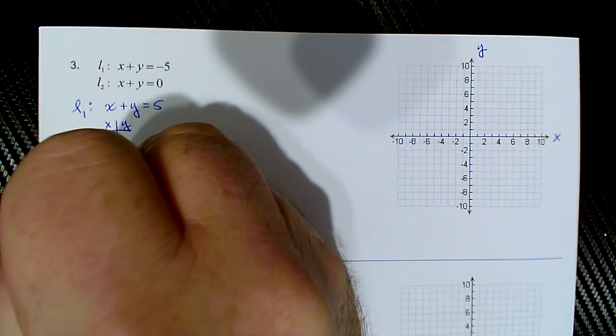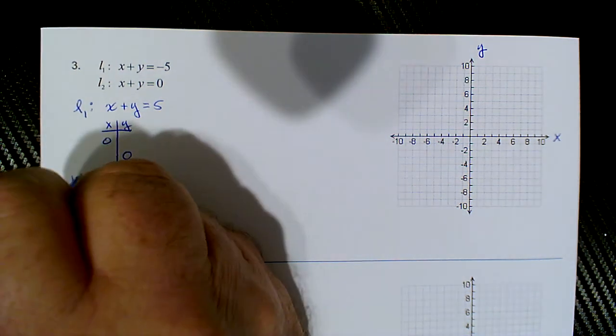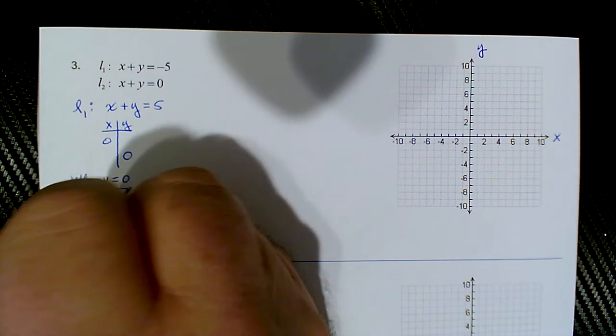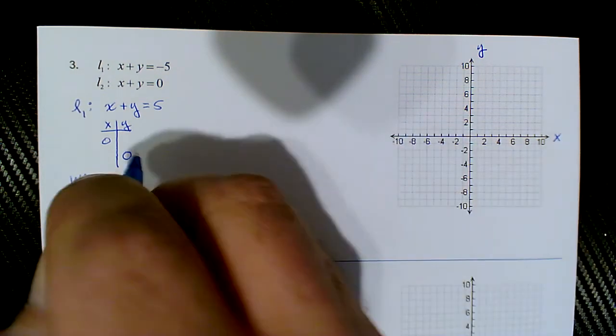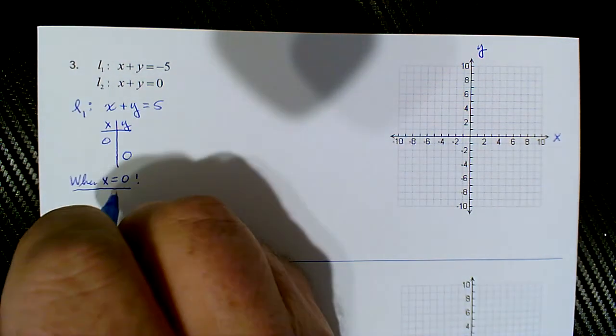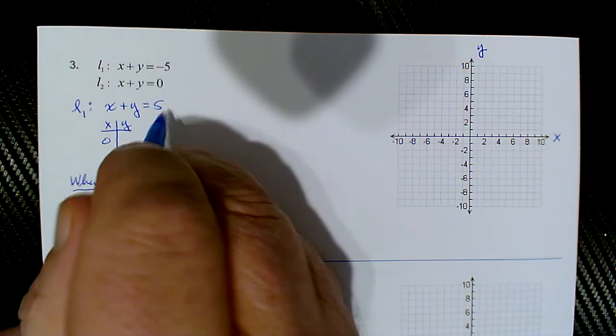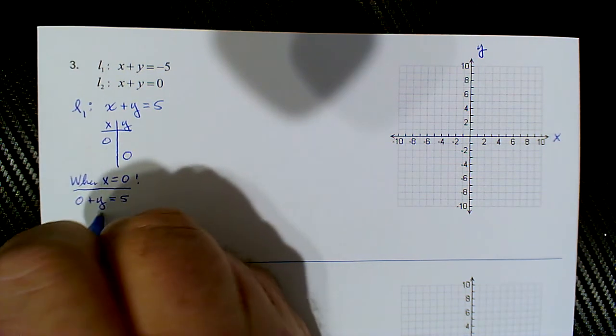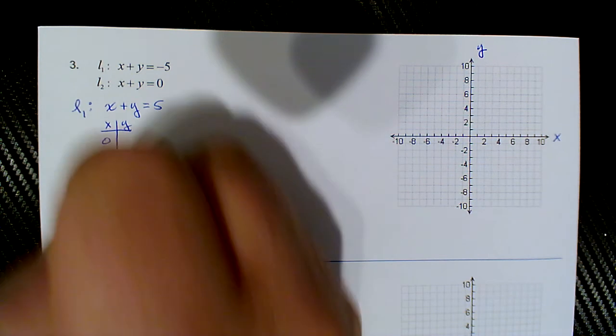I'm going to use the intercept method again. So x is 0 into L1, which is x plus y is 5. 0 plus y is 5, so y is 5.